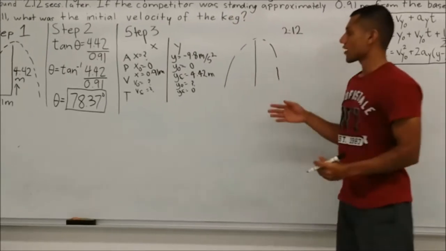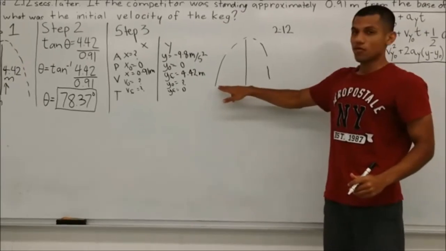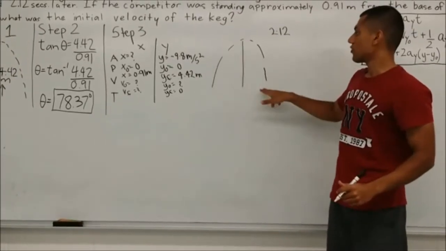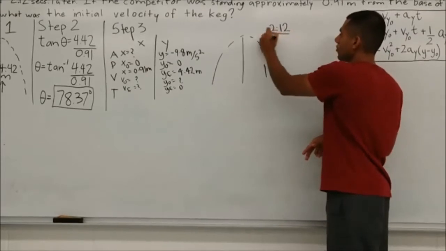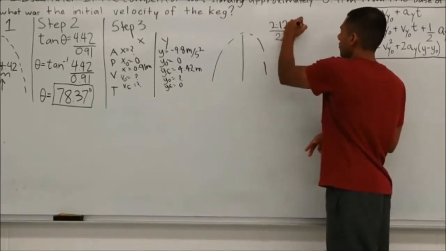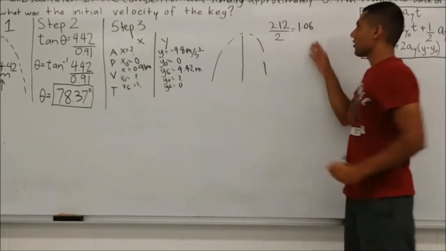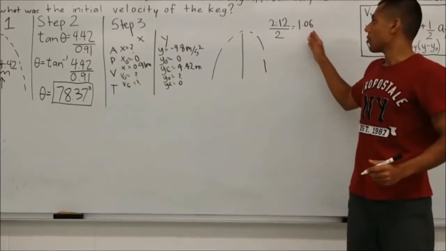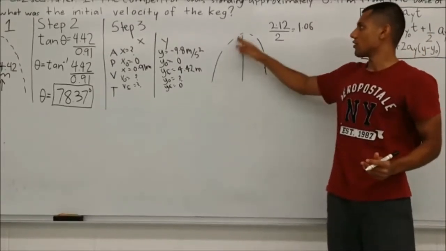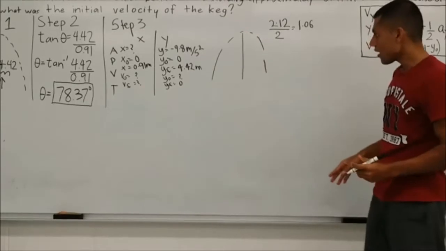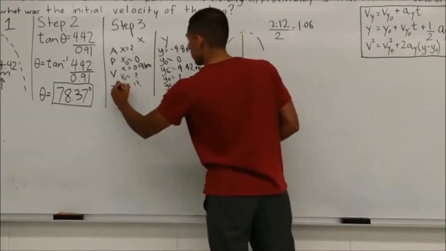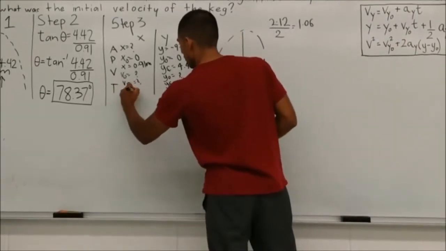If the keg takes 2.12 seconds from its starting position to its ending position, we can divide that by 2 and get 1.06 seconds. That is how much time the keg took to reach its maximum height. So our time is 1.06 seconds.